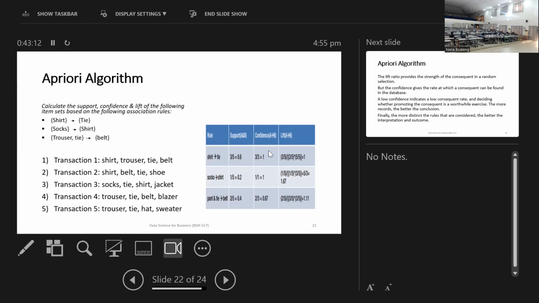It doesn't matter, it can't be wrong. It's just your suggestion. What do you think? Give us the reason now. I'm interested in the reason why you think a particular one. So somebody says shirt and tie. What about trousers, tie, and belt? Can't you make an argument?